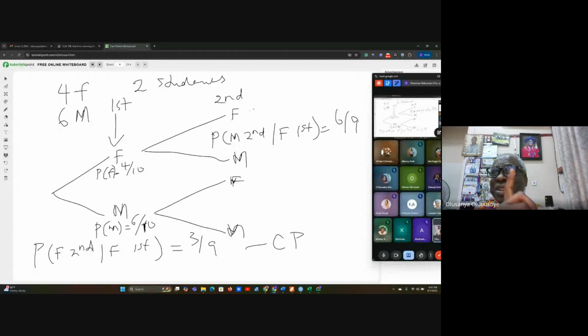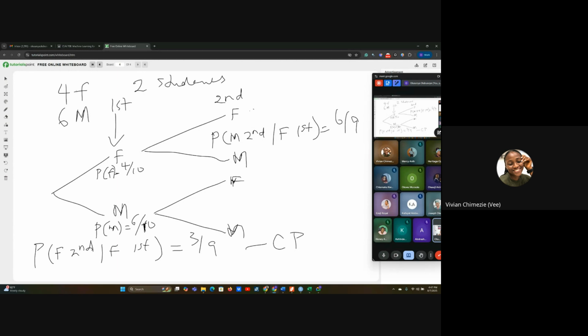But out of these 9, how many of them are males? So 6 are still males because you have not chosen a male. Vivian? Yes, sir. I get it now. So it's given that a female has been chosen. I was trying to understand the interpretation of the M2 over F first. So I get it now.